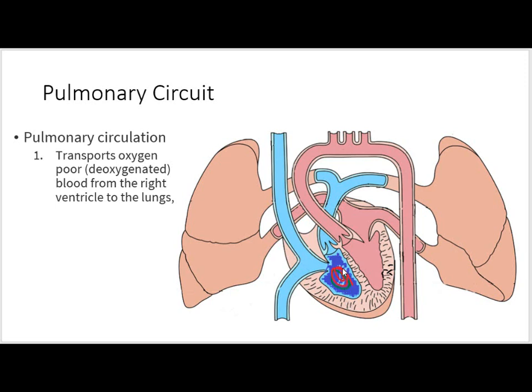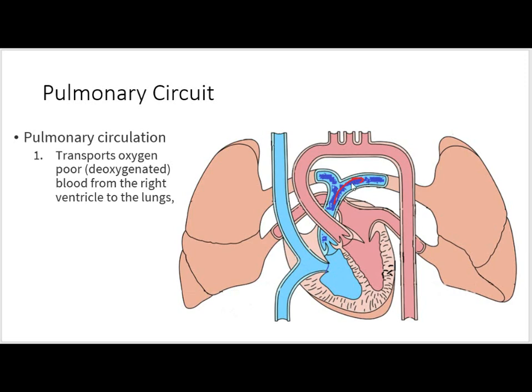The right ventricle pumps the blood through the pulmonary semilunar valve to the pulmonary artery. The pulmonary artery will branch into left and right, and deliver blood to the left and right lungs.